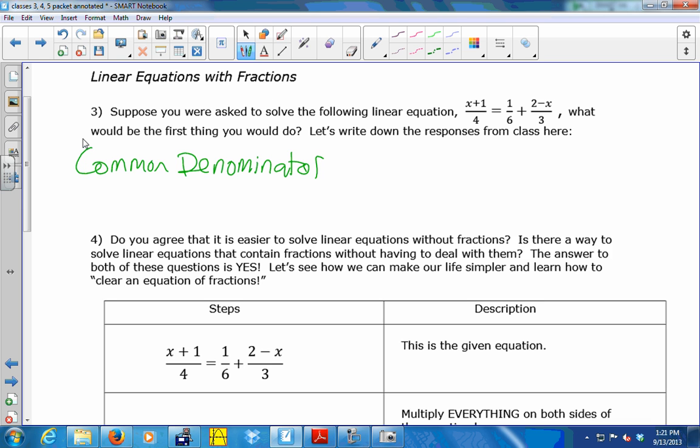Anyone else have a different approach? Sure. Yeah. Yeah, so I think you two are describing a similar thing where you clear the fractions.